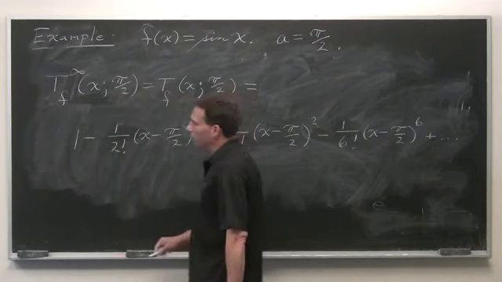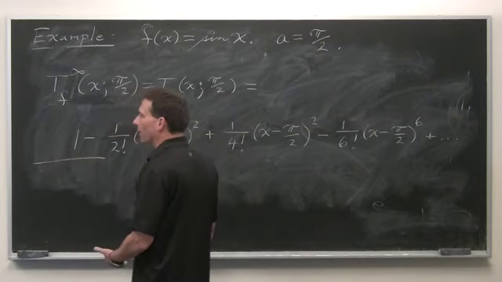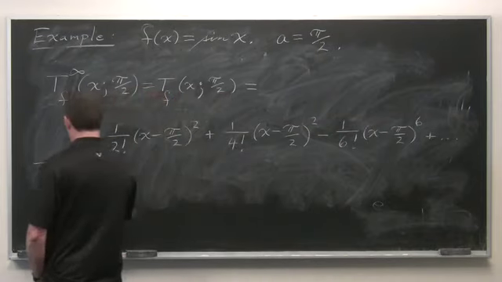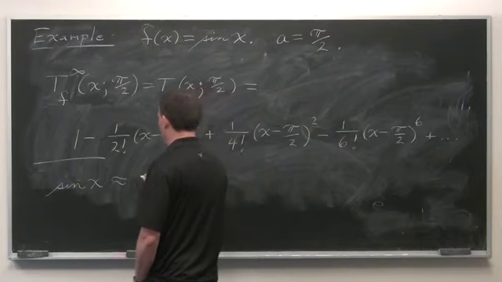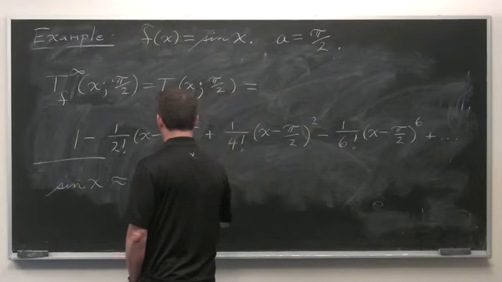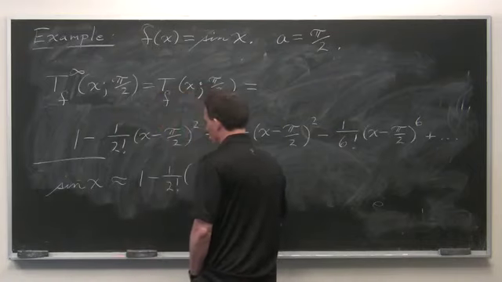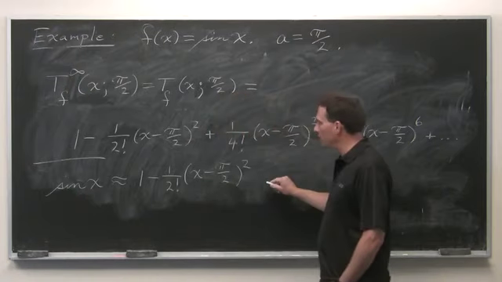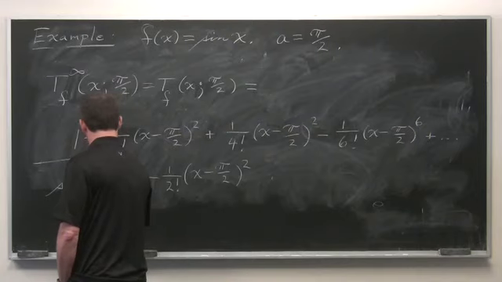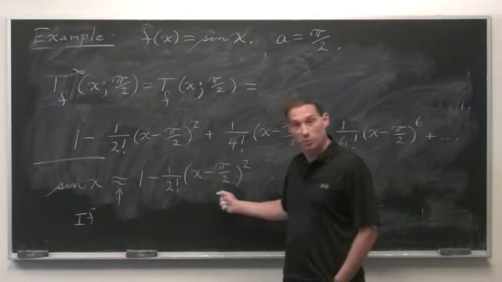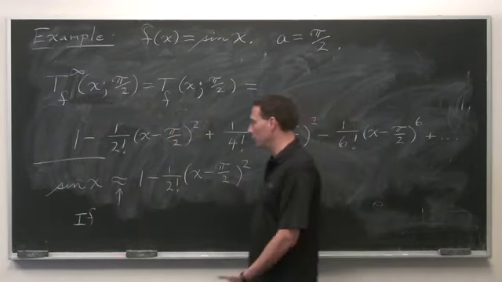This is what we got, and what we just found is that sine of x is approximately, we said we could use the second order one, approximately 1 minus 1 over 2 factorial times x minus pi over 2 squared. And how good is that approximation? We expect this to be good when x is near pi over 2 because we're centered at pi over 2.